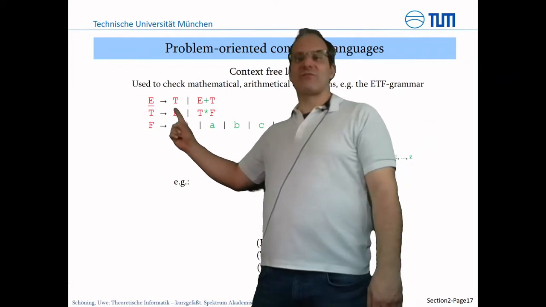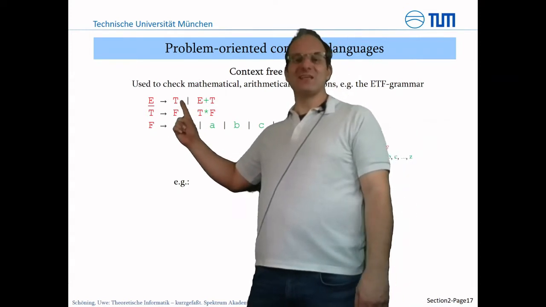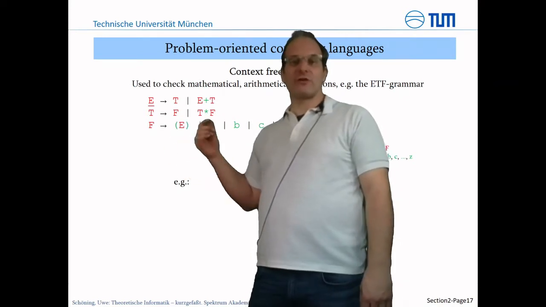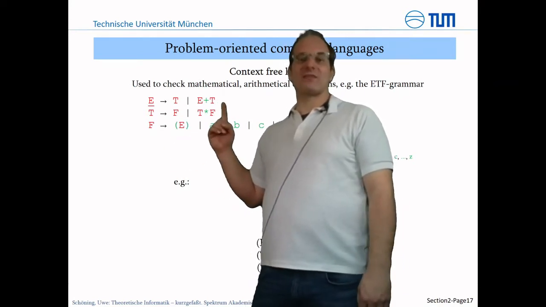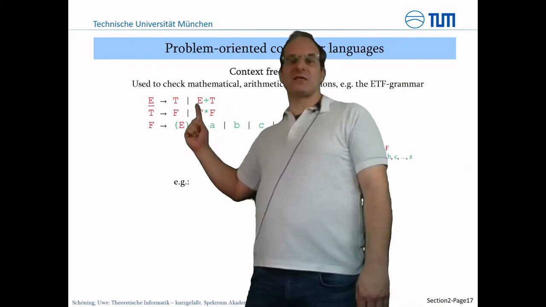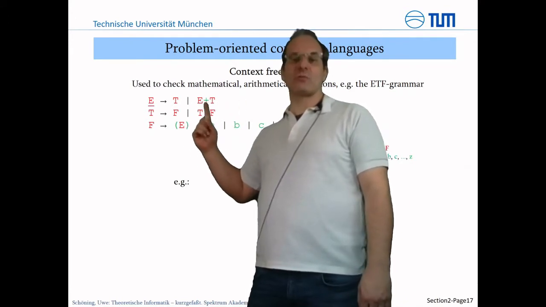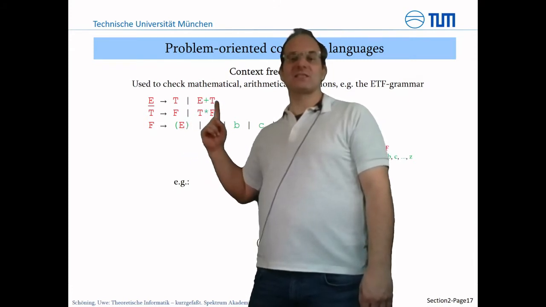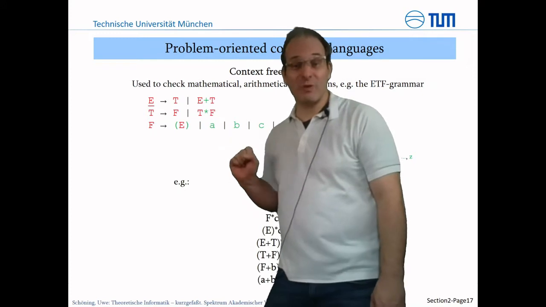So this first rule here, E to T, or E is replaced by T, would also fulfill the regular languages. But E replaced by E plus T, where E is a non-terminal, plus is a terminal, and T is a non-terminal, so plus is part of the alphabet, and E and T are again non-terminals which must be replaced again.